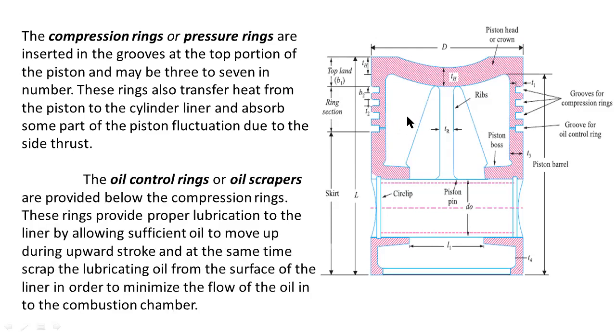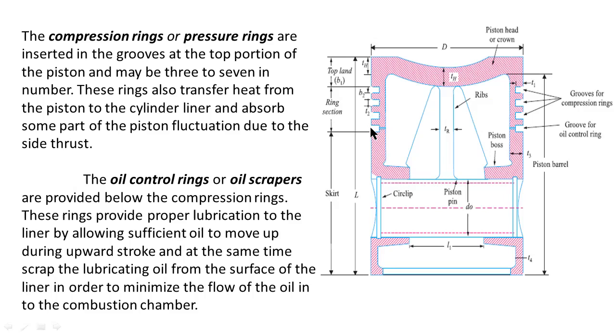This last one is called the oil groove. So oil control rings or oil scrapers are provided below the compression rings. These three are compression rings, and this last one is the oil ring. Oil rings are provided below the compression rings.